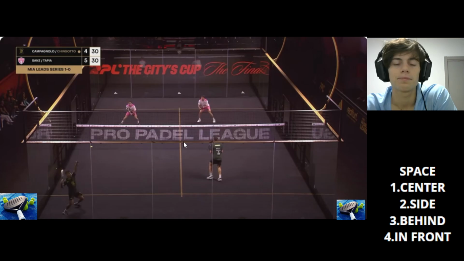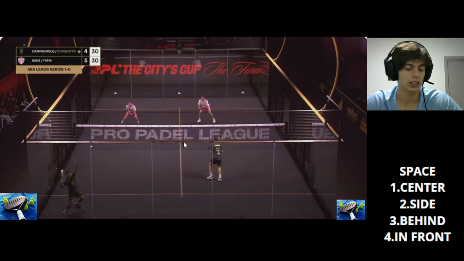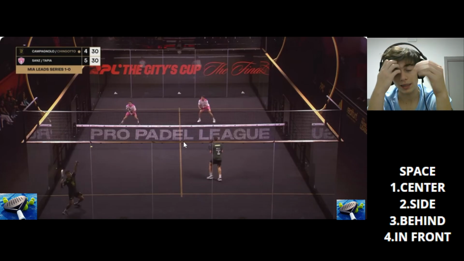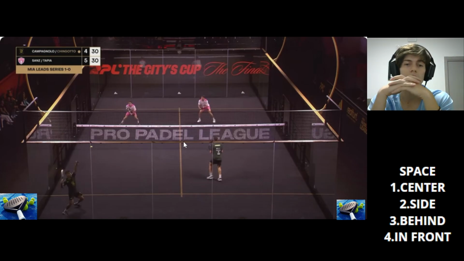We talk about central space a lot because it's the most common. Usually two players are maybe a little bit too separated. It's easier to play in the center and then open the space on the side, which is point number 2. But the center is a space that is a lot of the time open when you are going after a bajada from the wall, and most of the players tend to play central.